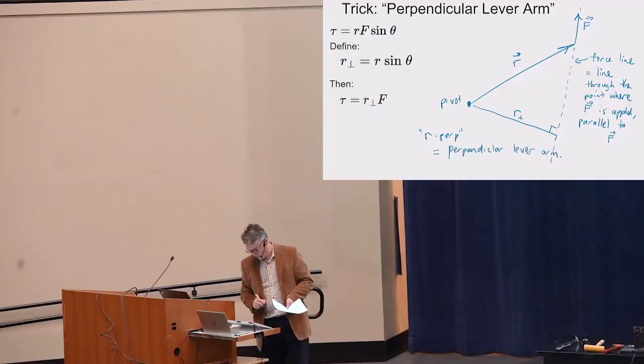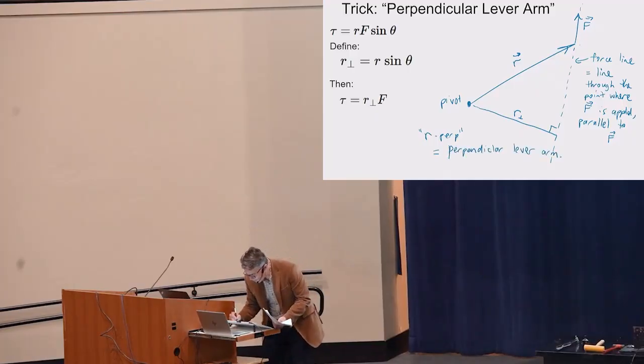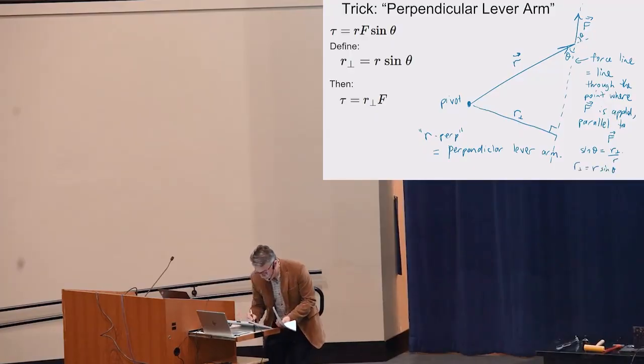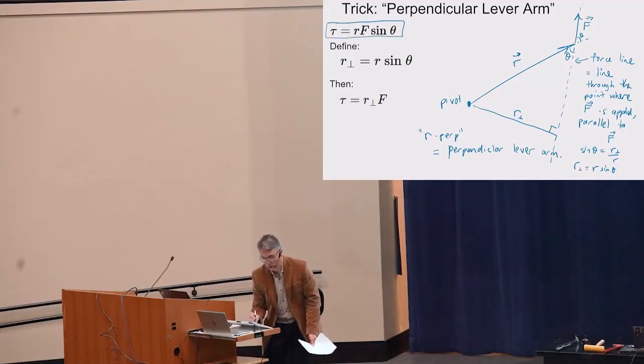And it turns out that if you think of this as being theta here, then this is theta. So r perpendicular divided by r is equal to sine theta. So r perpendicular equals r sine theta. So this is the real definition of torque.